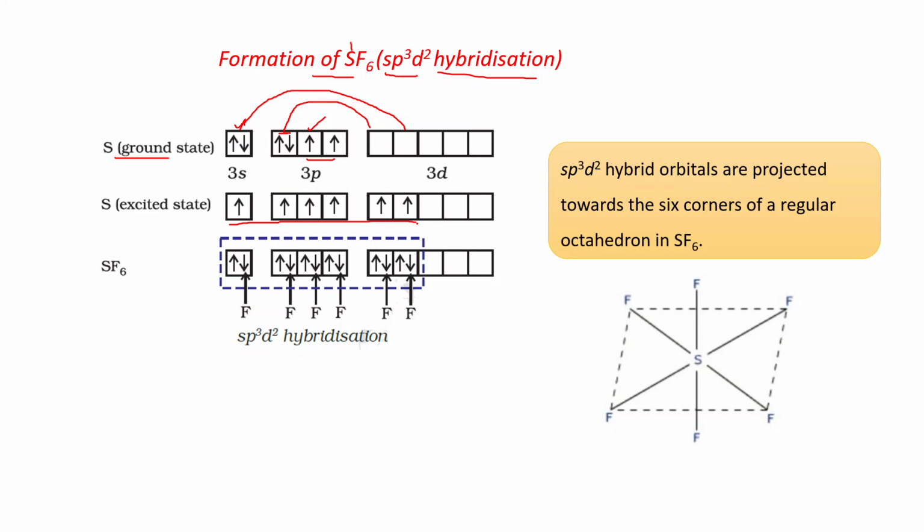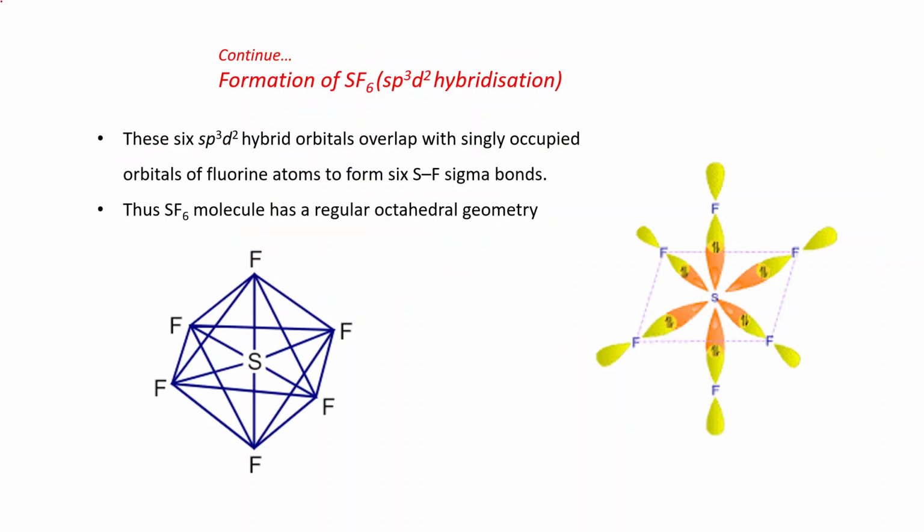These 6 half-filled orbitals mix with each other and generate 6 sp3d2 hybrid orbitals, and these orbitals are projected towards the 6 corners of a regular octahedron in SF6. You can say this is the octahedral geometry of SF6. You can also see these 6 sp3d2 hybrid orbitals overlap with singly occupied orbitals of fluorine atoms to form 6 S-F sigma bonds.